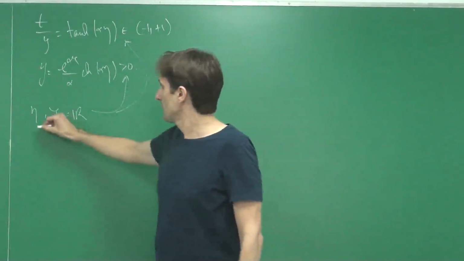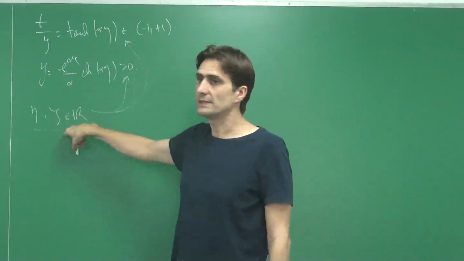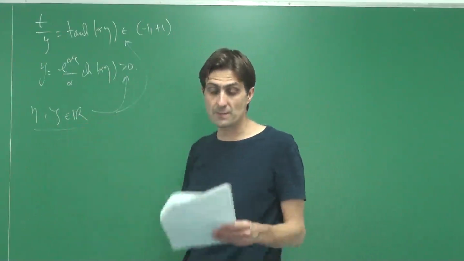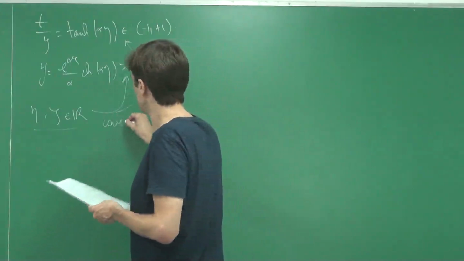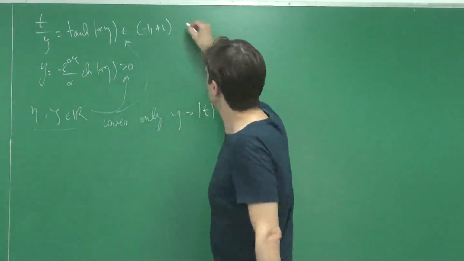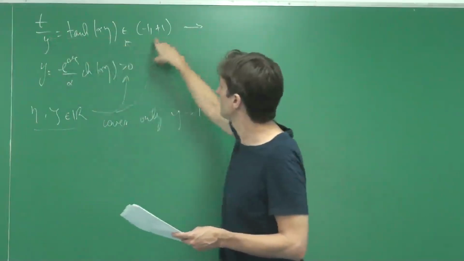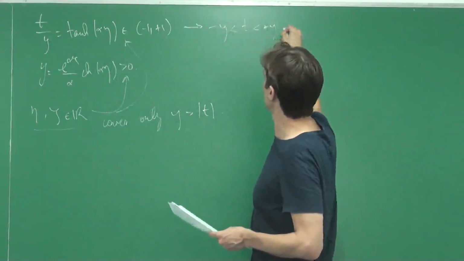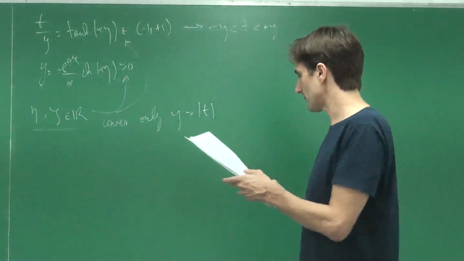Okay? So note that it only covers positive y. So all real eta and zeta does not cover the full flat spacetime. It only covers a patch of it. This is covered only for y larger than t, because t over y is between -1 and 1, that means that t is between -y and +y.